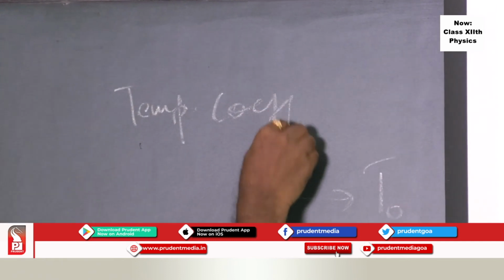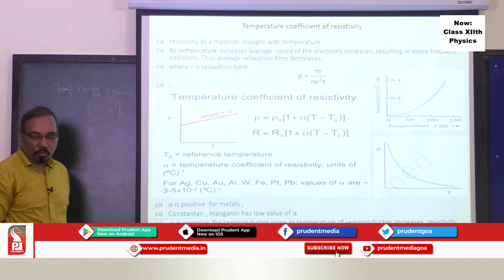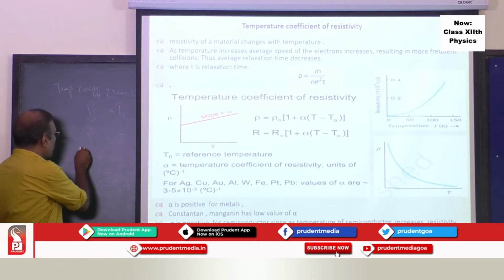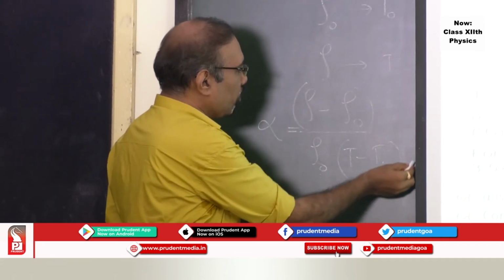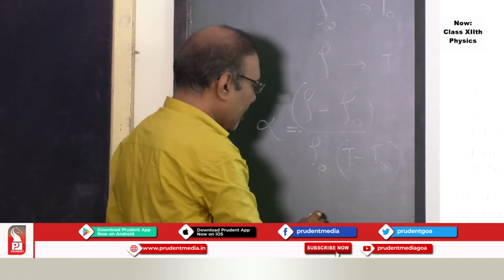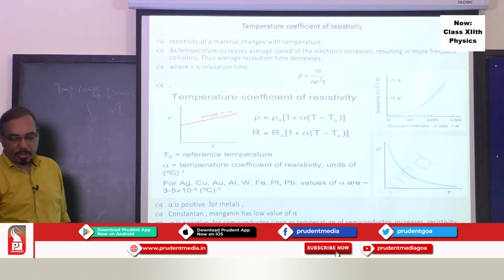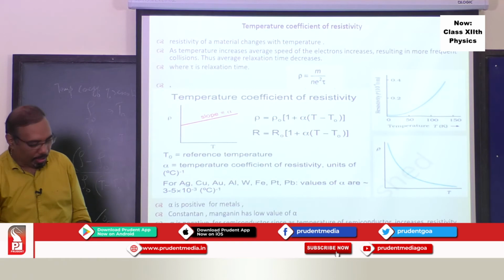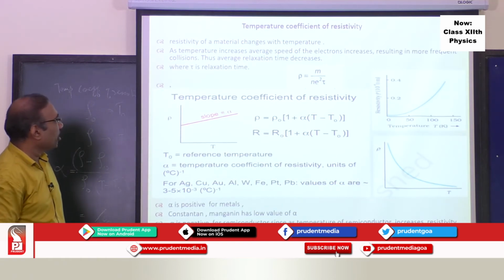From this you will come to know its unit. This is ohm meter over ohm meter, so the unit is per degree centigrade, or per degree Kelvin. You can state that as the unit of temperature coefficient of resistivity.